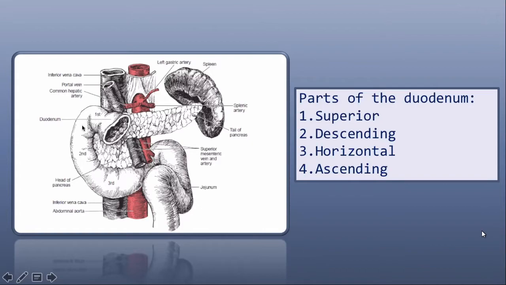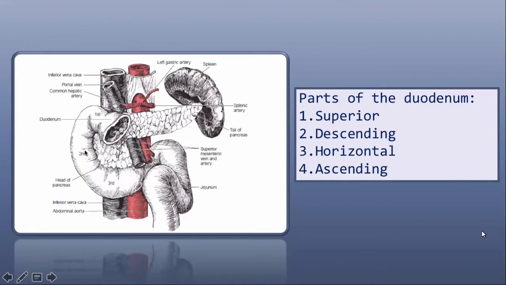Then this is followed by your second part. The second part would be the descending part. This is longer, around 7 to 10 centimeters. It descends along the right side, at the level of, remember, L1.